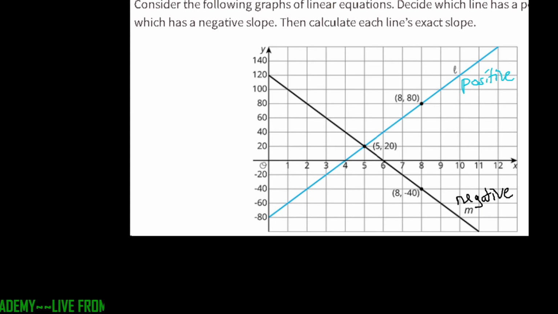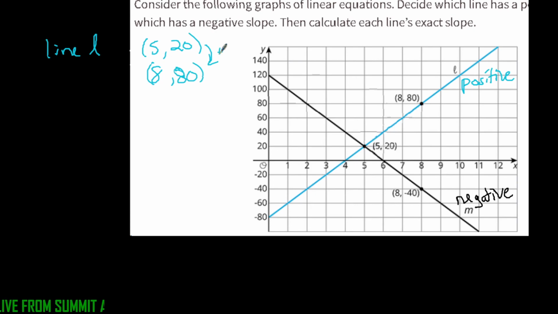So I'm going to say the slope for line L is this. So for line L, find those 2 points. I'm going to use that point (5, 20), and I'm going to use that point (8, 80).